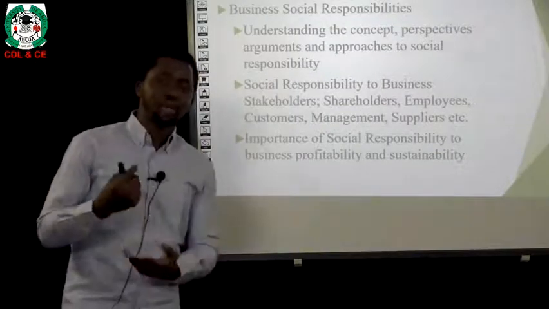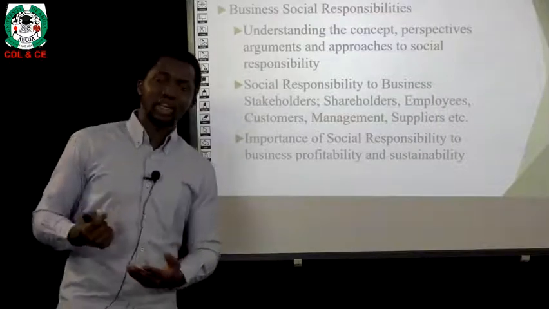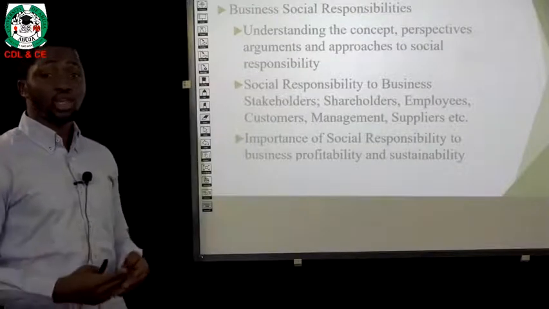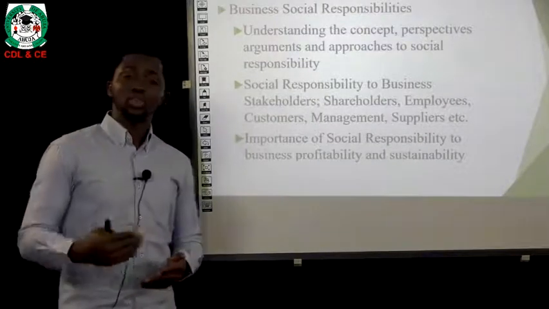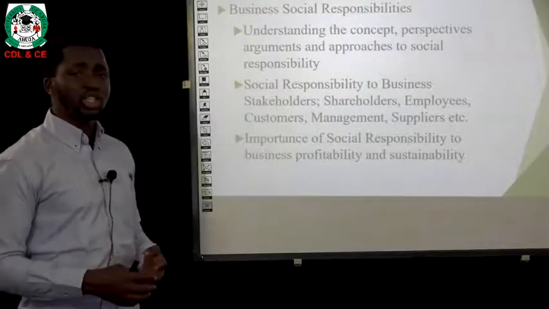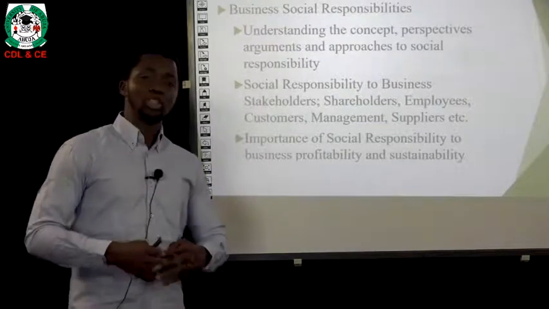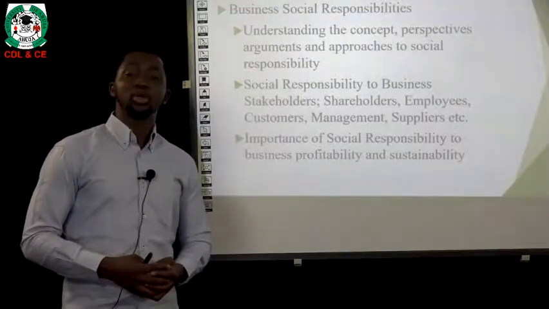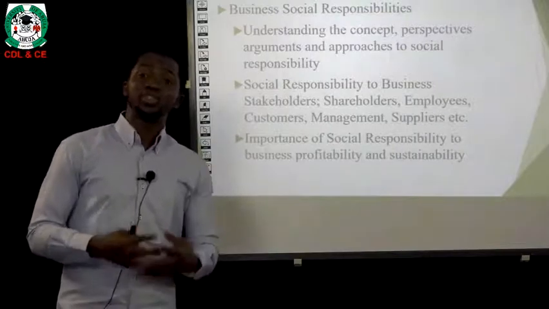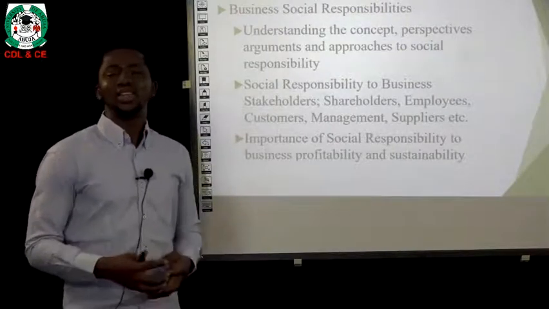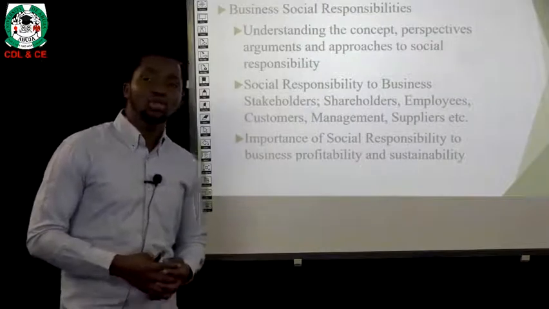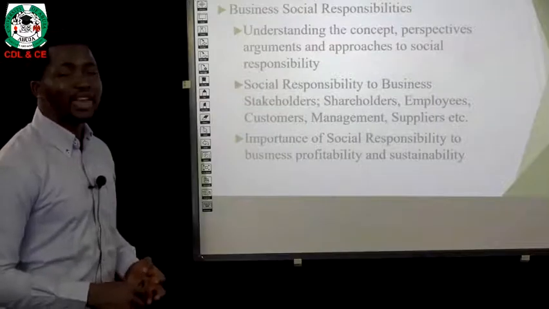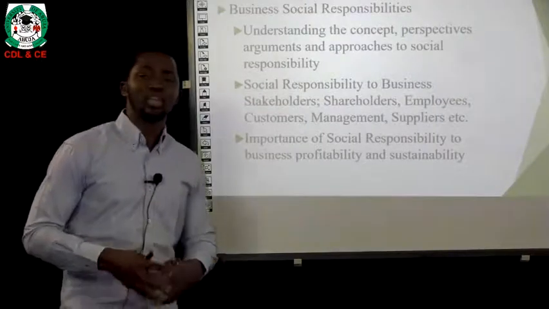I've actually given a hint about this earlier, where I talked about what is expected in terms of dividends to the shareholder, what is expected in terms of salaries and bonuses and some other benefits to the employees, what is expected in terms of qualitative products, in terms of giving customers products that are worth the price, in terms of competitive pricing, in terms of not pricing in an attempt to send away your competitor within the market, or in an attempt to dissatisfy the customer, or in an attempt to malign some customers and employees within an organization.